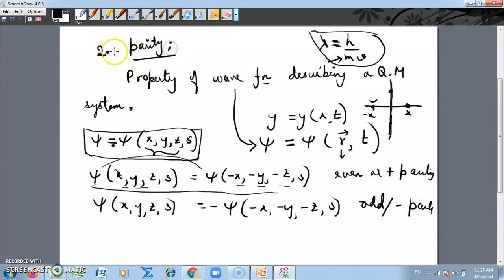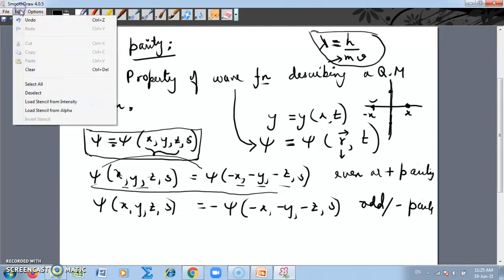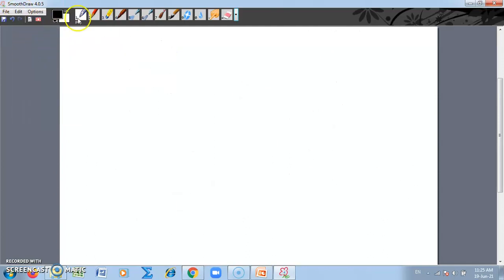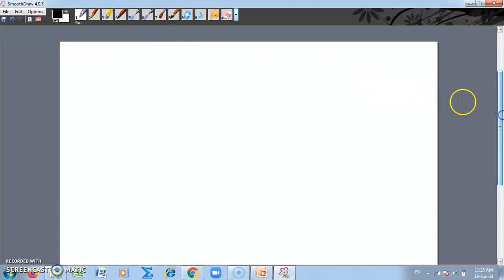Now we move on to the third property, something called quantum statistics. So what is this?